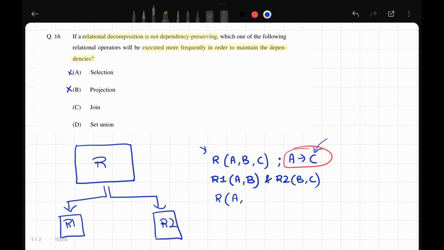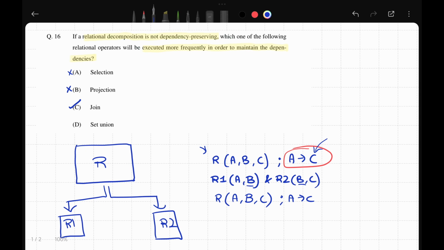So A, B, C. So we'll join it on B and we'll get the original relation back, which also means we'll get this dependency back, right? So this applies to other examples as well. This is in common that when you are decomposing without considering dependency preservation, you will have to join the decomposed relations back to get back the dependencies. So C seems like the ideal answer.